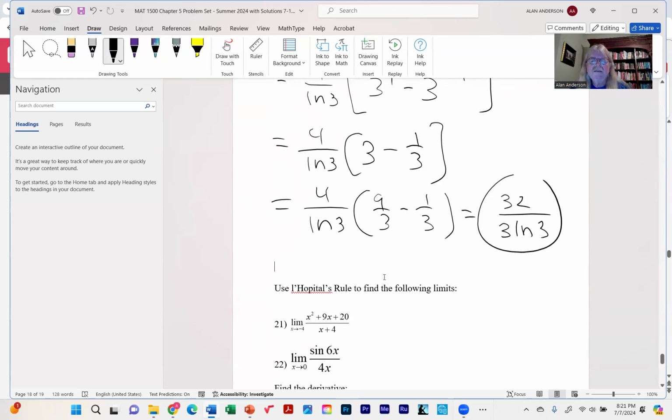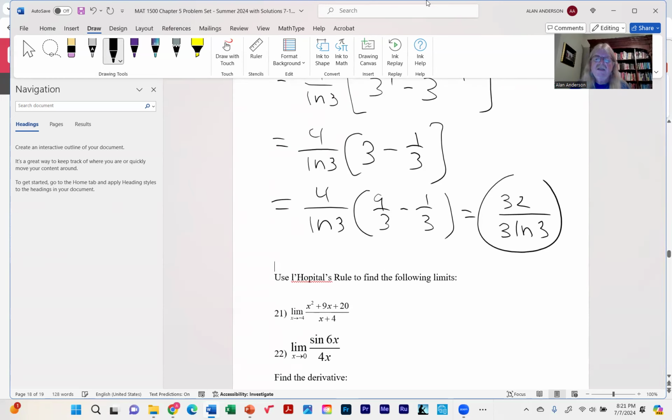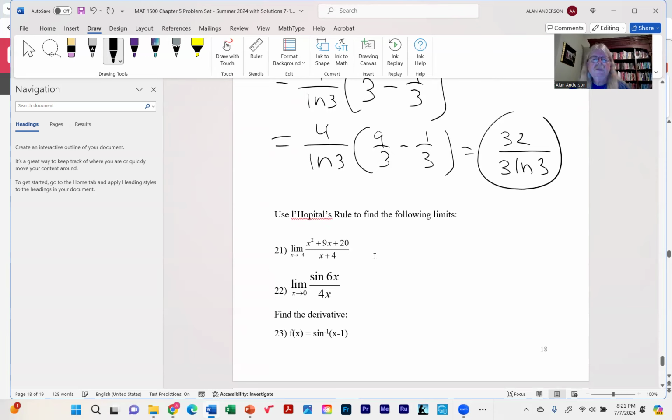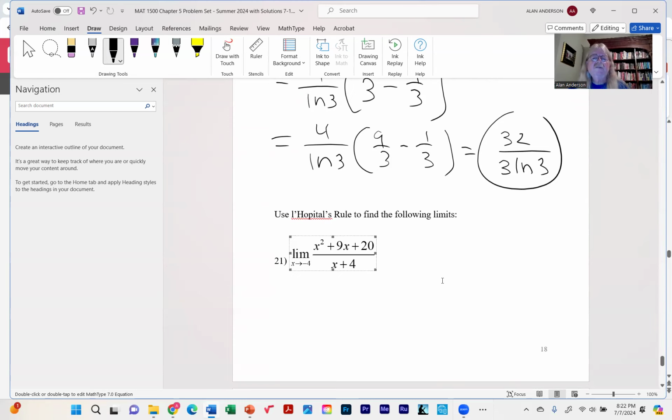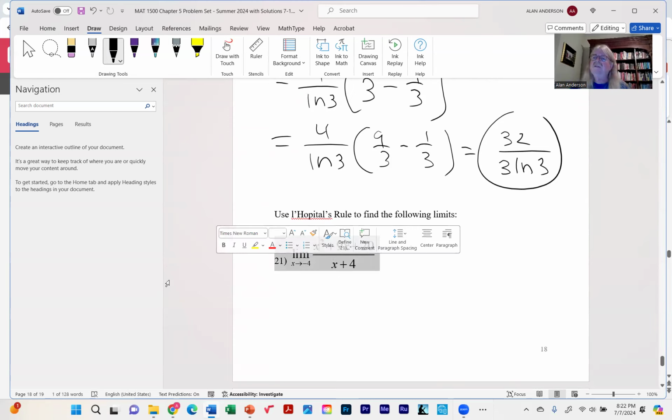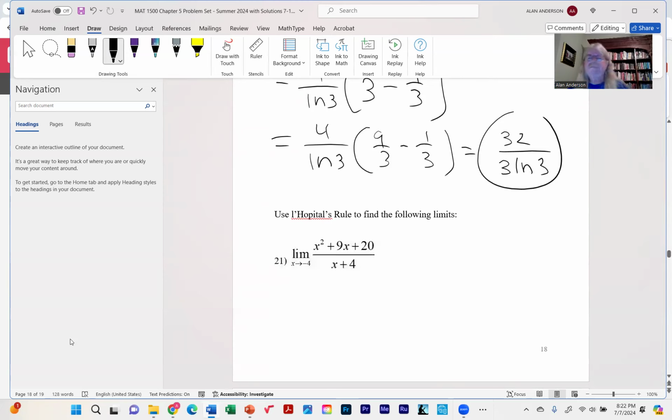All right. Now we're back to L'Hopital's rule. All right, so let's try the first one. So first, if direct substitution works, then you don't need to bother with L'Hopital's rule. So let's see what happens here.